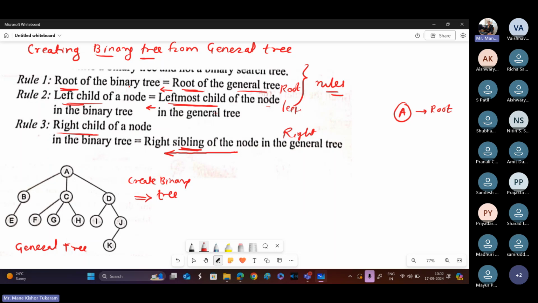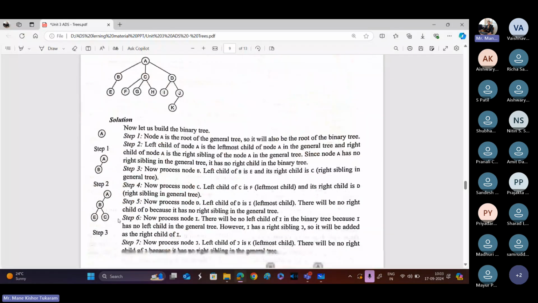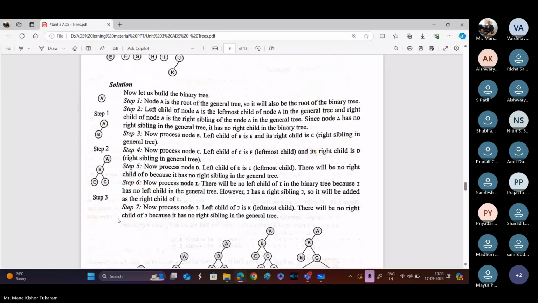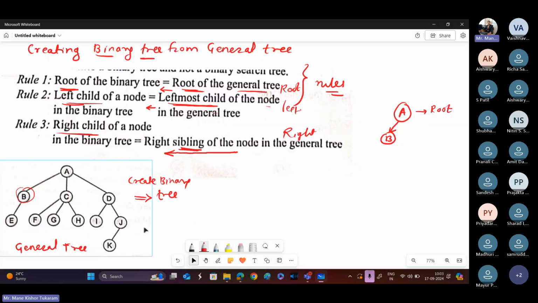Now what is my next condition? Left child of the node is the leftmost child of the node. Okay, so leftmost child is B. So I just select the B. So same step that is given inside the book. Okay, so step 1, step 2 is finished. Now, what is my third condition? Right child of the node of the binary tree is the right sibling of the node in the general tree.